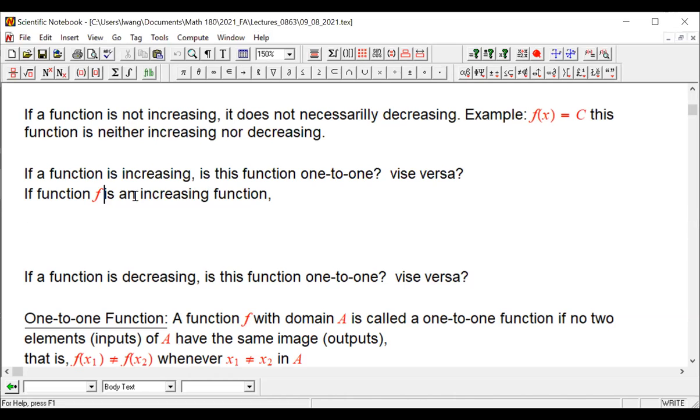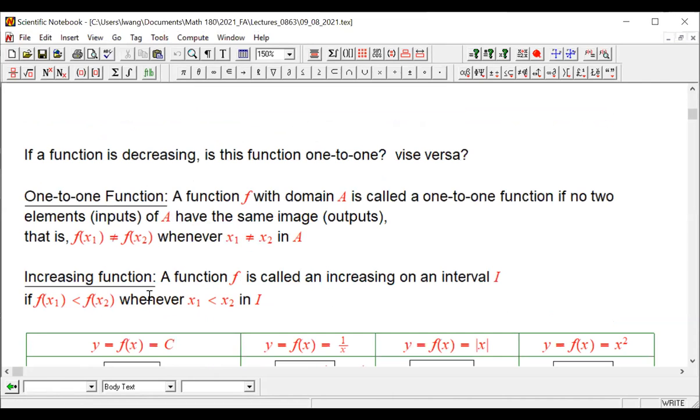The definition of increasing function applies, right? So how do we demonstrate it might be one-to-one or not?